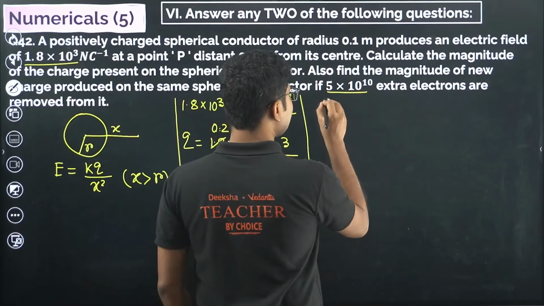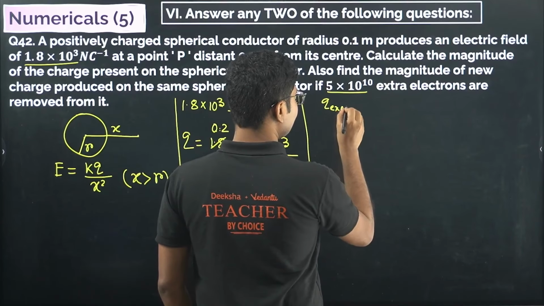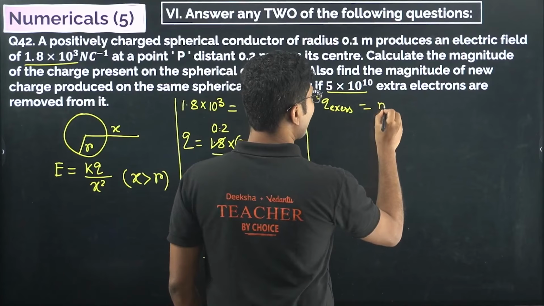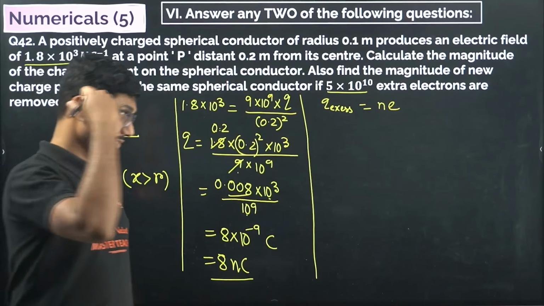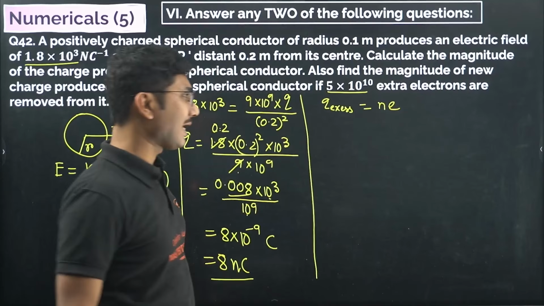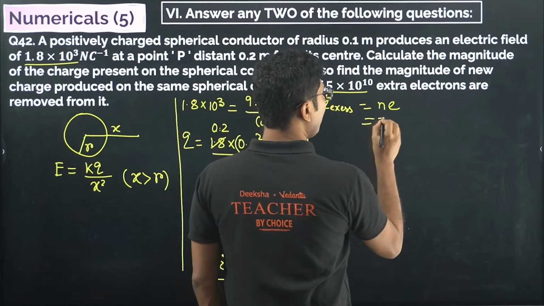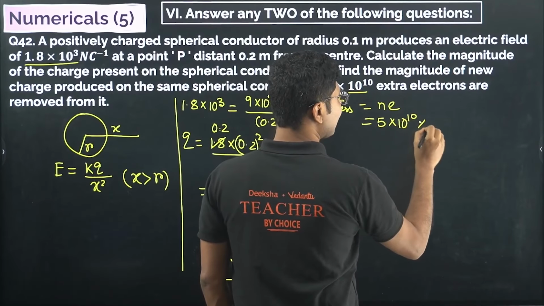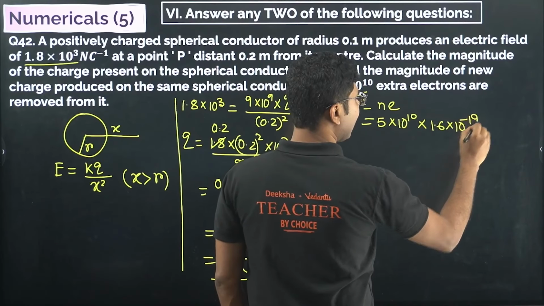So let us consider the excess charge. From the quantization principle, Q equals N into E. This is only the extra charge that we are calculating. N is 5 into 10 to the power of 10, and the charge of an electron is 1.6 into 10 to the power of minus 19.